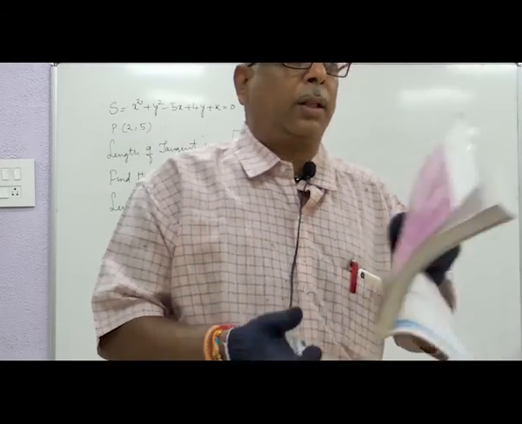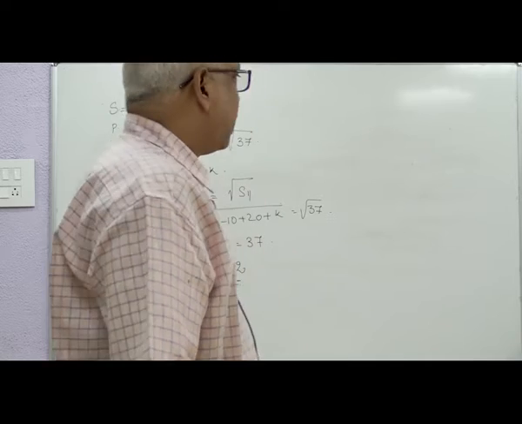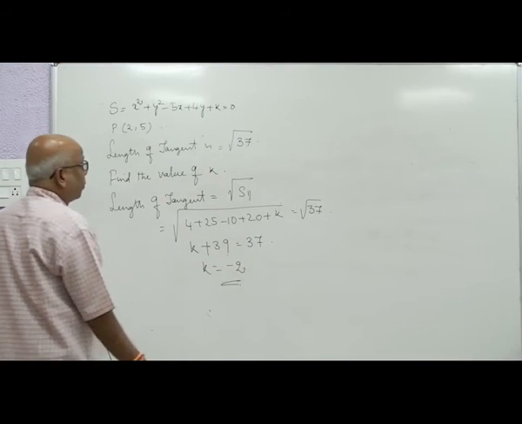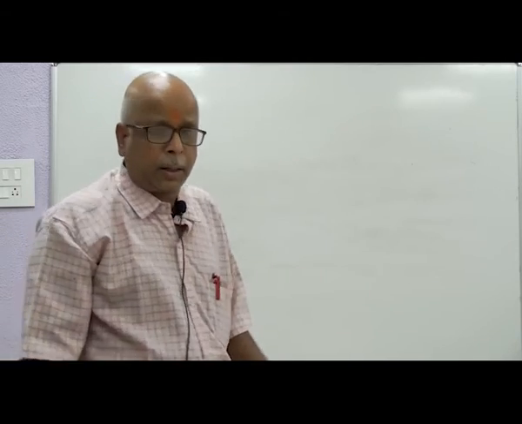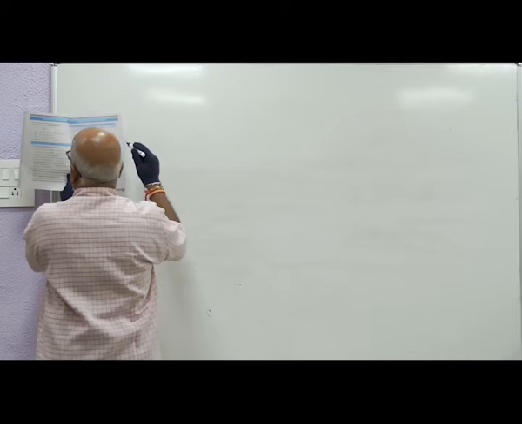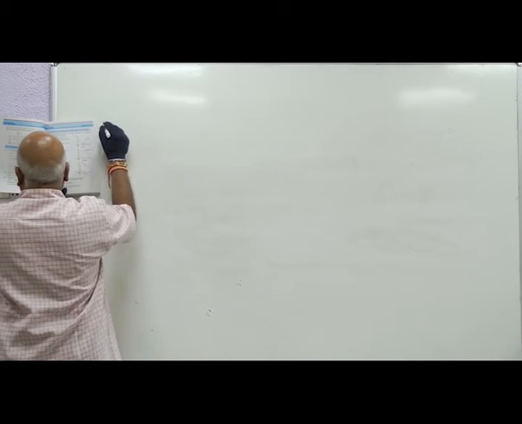That is the value of unknown constant k when the length of the tangent drawn from a point to the circle is given. Here our next problem is an essay type question.